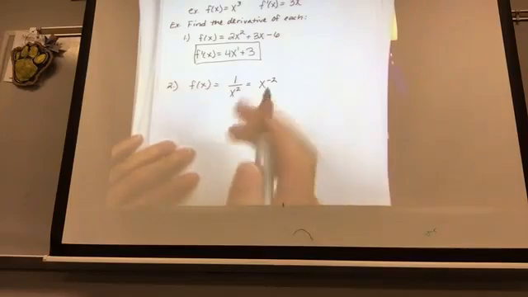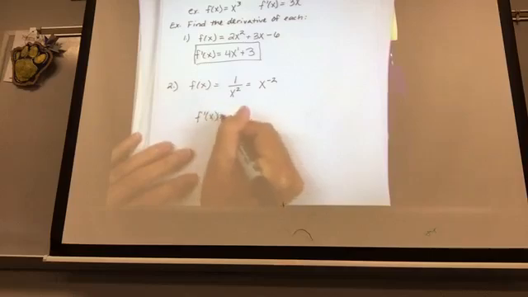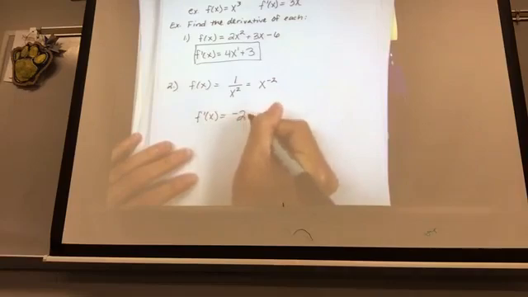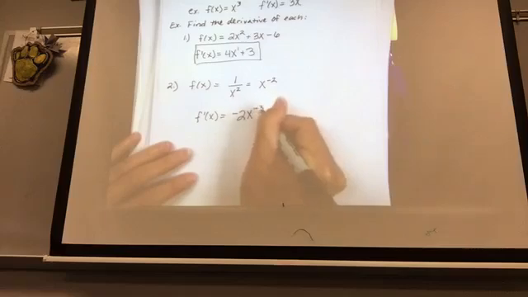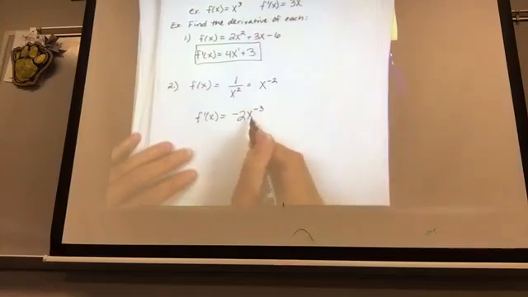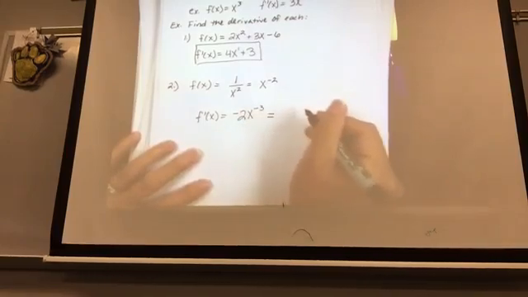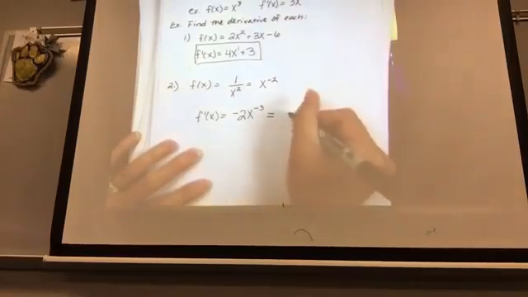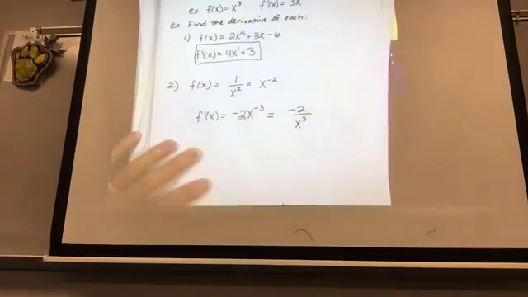So now using the power rule, so f prime of x will equal, I bring my negative 2 to the front. And then negative 2 minus 1 is negative 3. So I have negative 2x to the negative third power. And I'm going to rewrite that by making the power positive. So negative 2 is my coefficient in front, so it'll stay in the top. And then now I can write x to the power of 3 in the bottom.